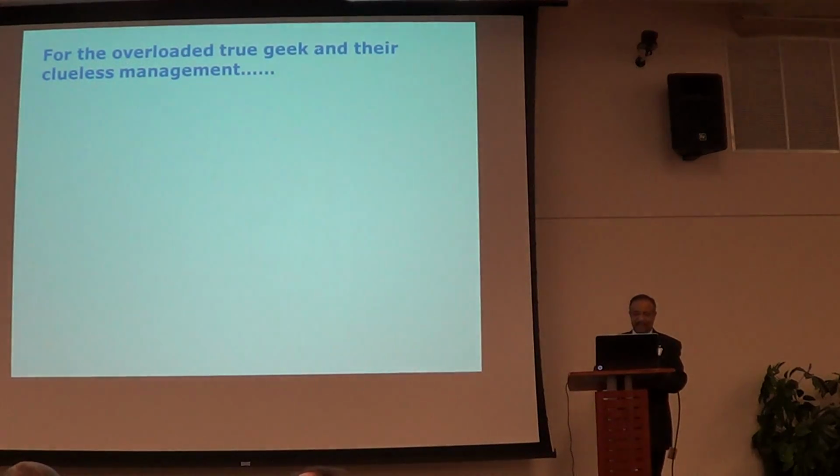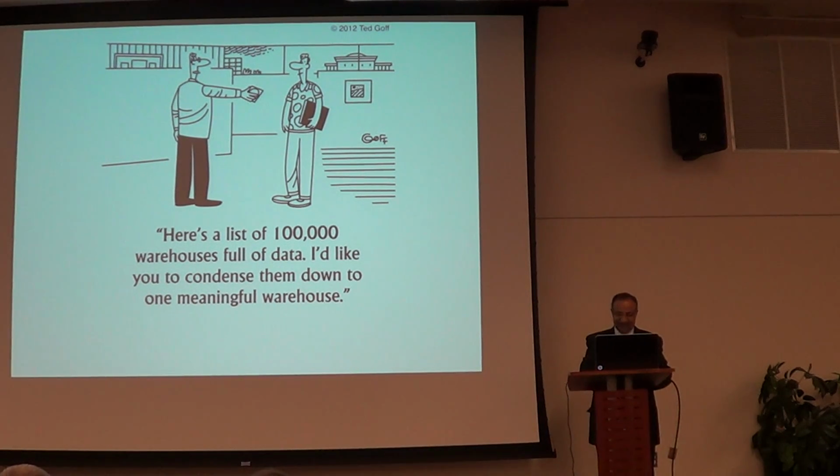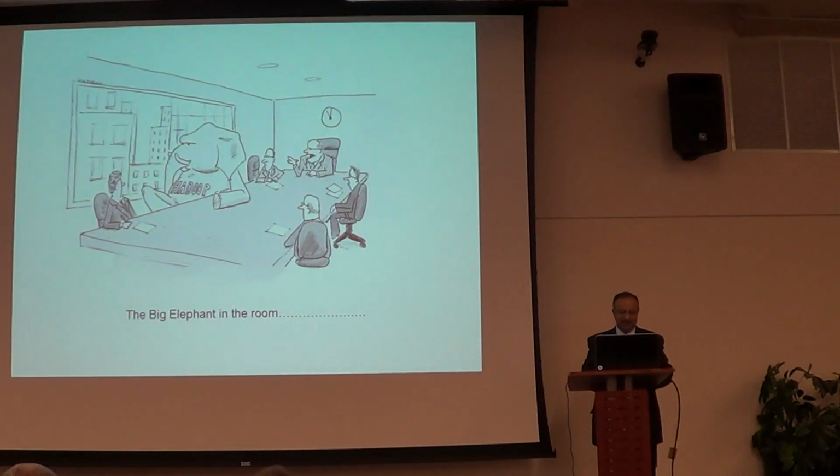Okay, and then of course we all have our favorite management. This is their typical request. Oh, no, big data, you can make things fast, do this for me. Okay. Ted Goff, I like his cartoons, he's a funny guy. There's a few more in there. And then the Wall Street type, yeah, he's always there.